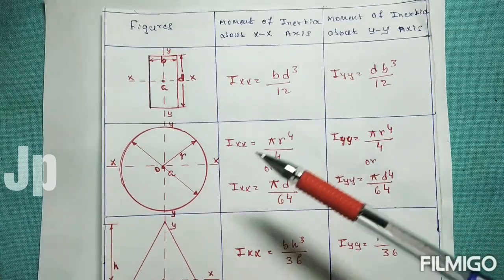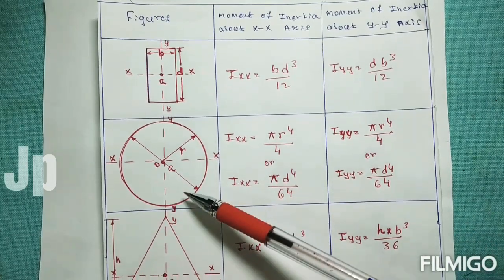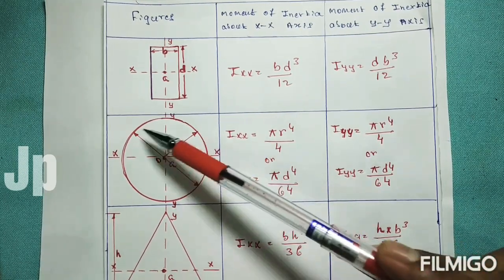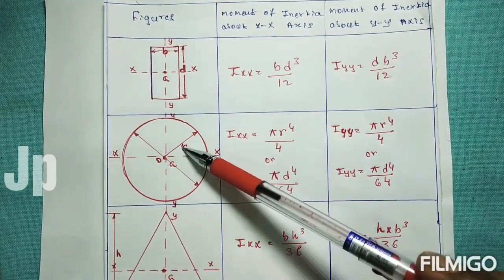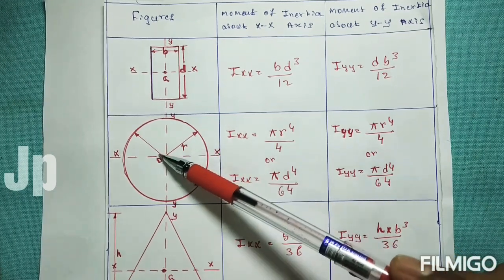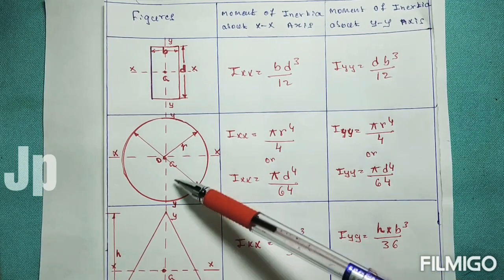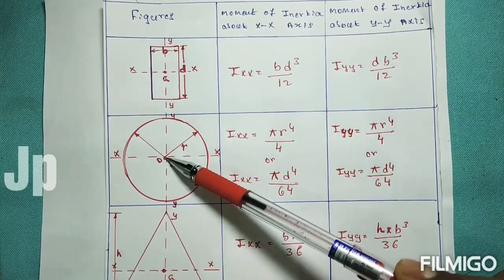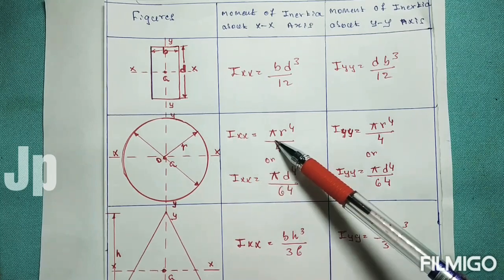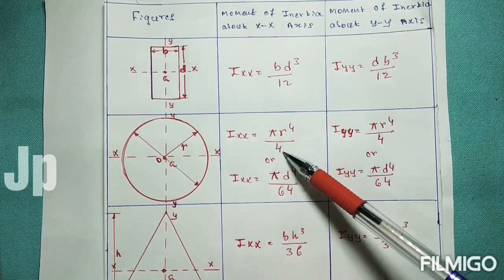Next one is the circle. In the circle you can consider the radius as well as the diameter. For a circle section the CG is exactly at the center. The moment of inertia formula Ixx is pi r to the power 4 by 4.